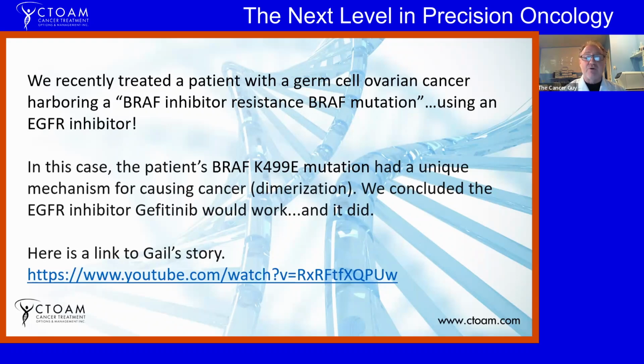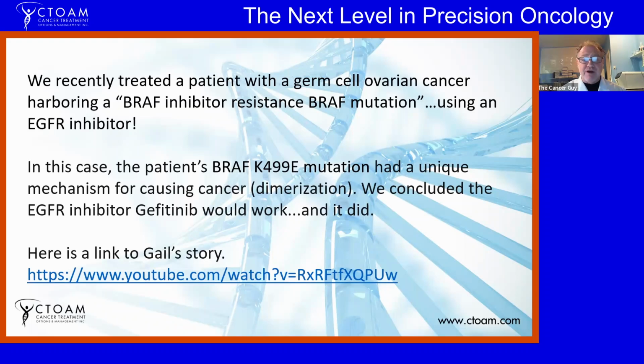It was called the K499E, and it had a completely different mechanism than the BRAF V600E. So what we did was we looked at the mechanism of how this mutation caused the cancer, and we found that it worked in a unique way. So with the V600E mutation, it works by, I'm going to generalize here, so don't quote me on this, but think of the normal BRAF mutation as getting stuck to its targeted partner and staying turned on. Let's just call it that, okay? When it gets turned on, it can't get turned off.